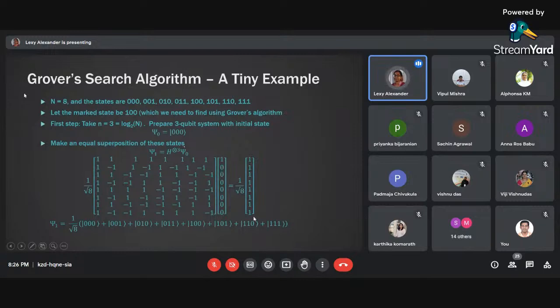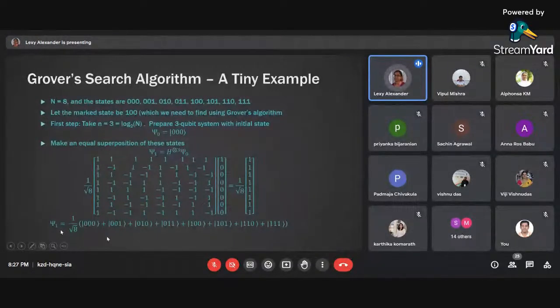So the state psi1 is 1 by square root of 8 for 000, for 001, everything equally. All have the same amplitude, 1 by square root of 8. You can see that the modulus squared, 1/8, summed 8 times, equals 1. So this is the equal superposition of 3 qubits.